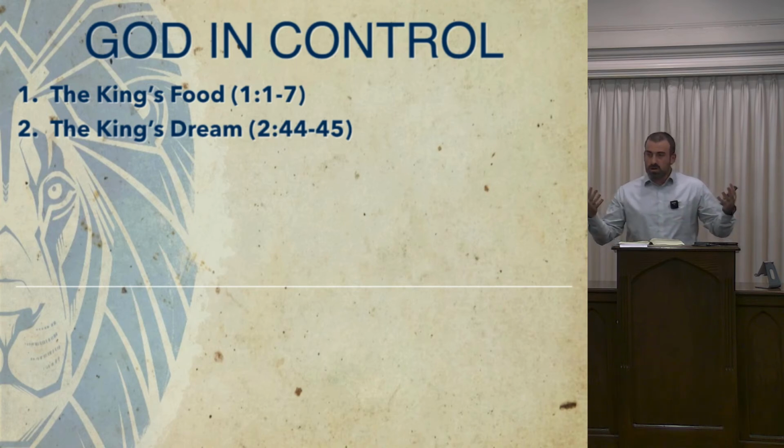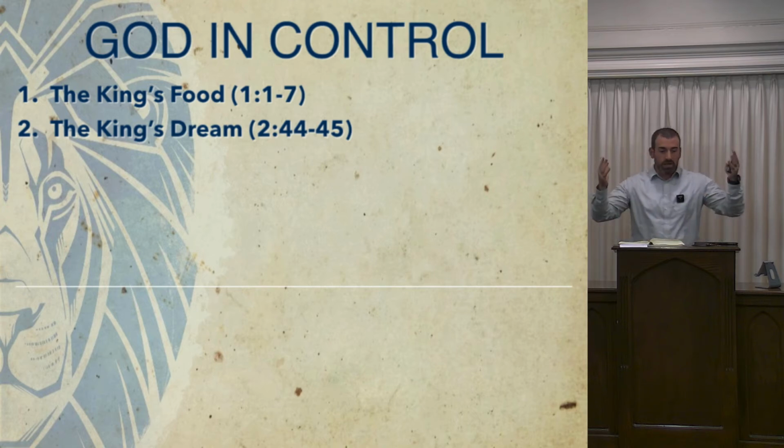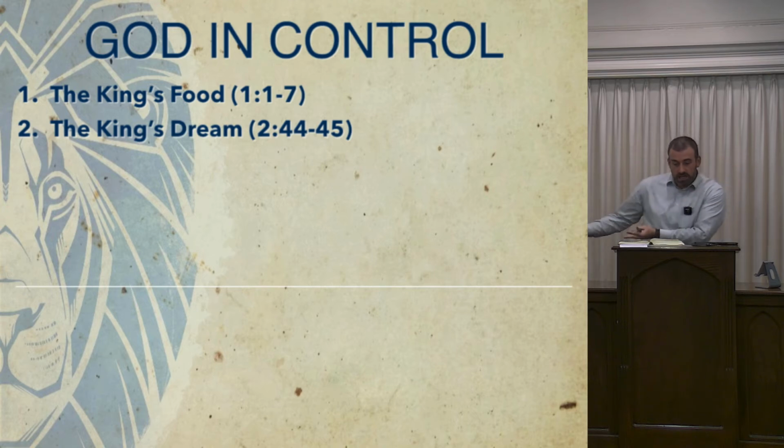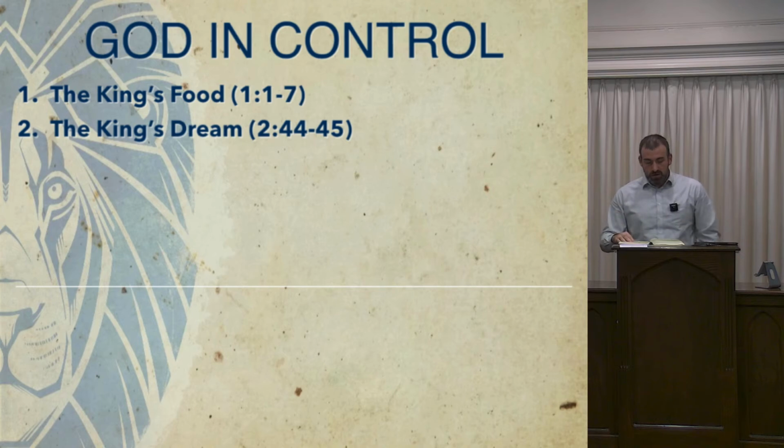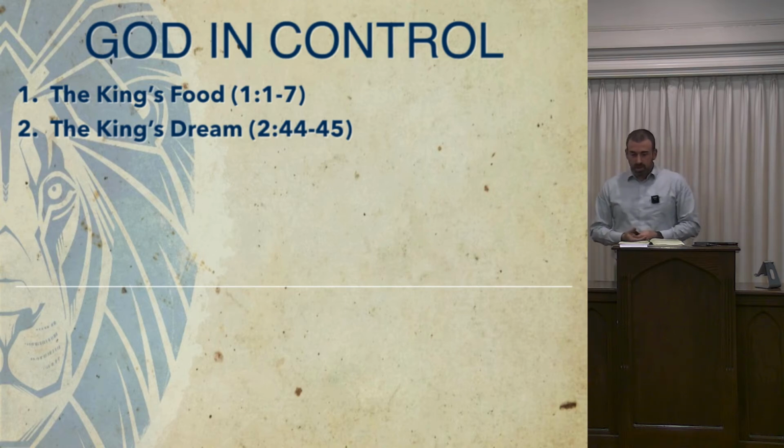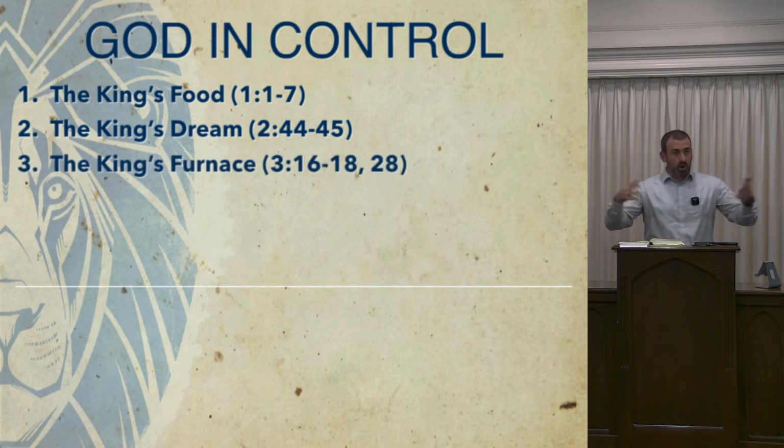As Daniel comes before the king, he reveals all this to him. He is then promoted, and he has Shadrach, Meshach, and Abednego, Hananiah, Mishael, and Azariah, all promoted in the kingdom, and they're going to live a greater life because God has been working. God is in control.